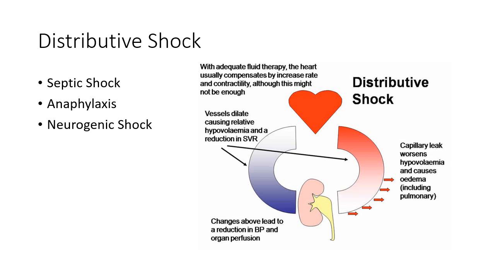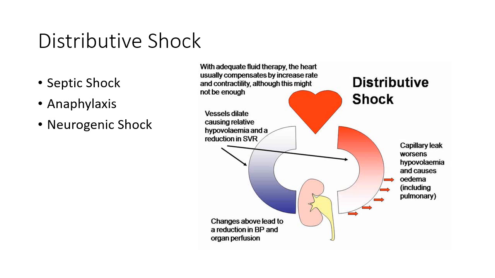Normal, or even could be bradycardic, but probably just normal. Good, very good. You're exactly right, especially if it's a specialized type of distributive shock known as neurogenic shock, because as far as the brain knows, everything's okay.